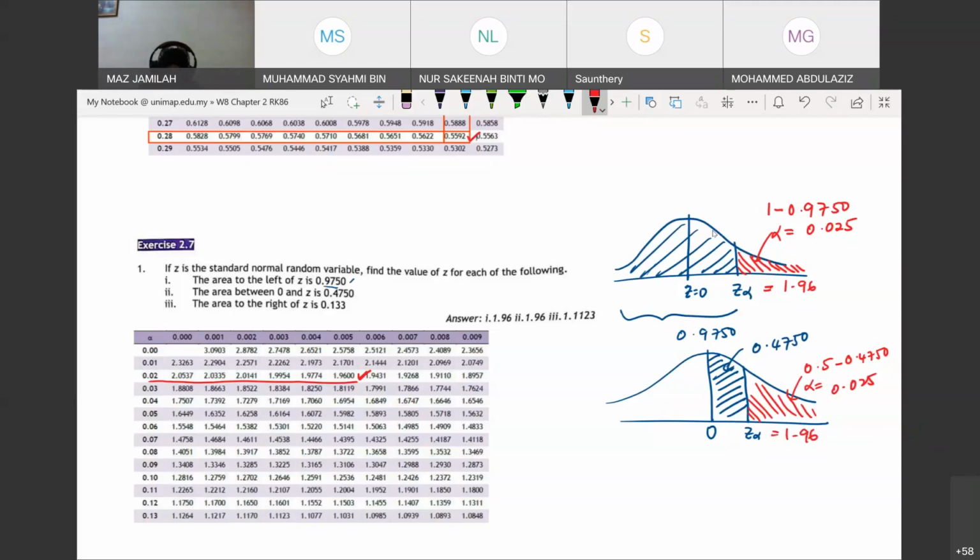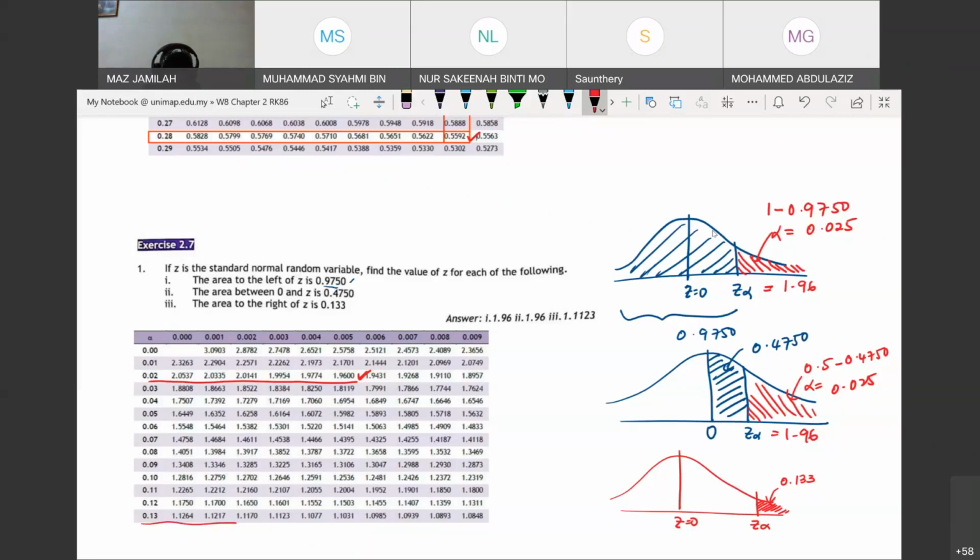Now the third one, area to the right of Z. Let's say Z alpha is here. The area to the right, a very small probability, is 0.133, directly from your table.